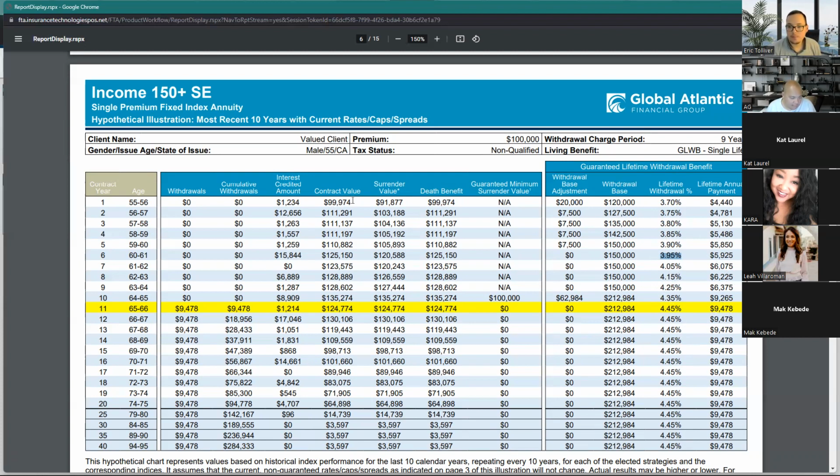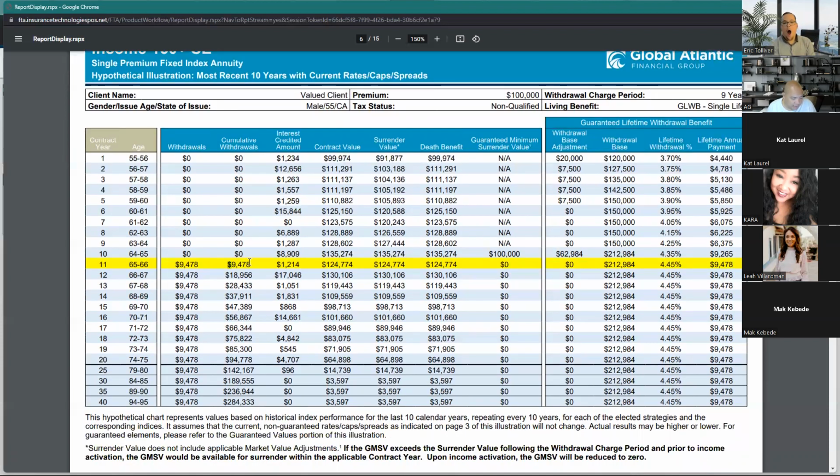So contract value here, this is the index return, and this is what this whole thing looks like. So where it shows withdrawals, it means he didn't withdraw any money for the first 10 years. Cumulative withdrawals is the total money he would have taken out, and that's why this is showing 9,478 every year, because that's how much he's taking out. This is adding how much he's taken out. This is the interest that's getting credited on his account, and this is his contract. If he decides to walk away, he'll walk away with not 110, 105. Okay?